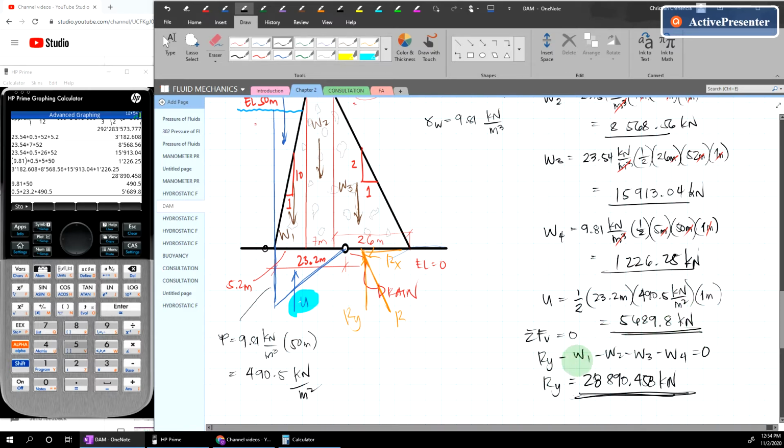So, kung wala tayong drain, so halimbawa lang naman, so kung wala tayong drain doon, then it will vary linearly from maximum dito sa may heel, then 0 tayo doon sa toe. So, kung isosolve natin yung uplift force, so example lang naman ito, no? So 1/2 ng base natin, yung base natin ngayon will be, so meron tayong 26 plus 7 plus 5.2. Okay? So 38.2 meters.